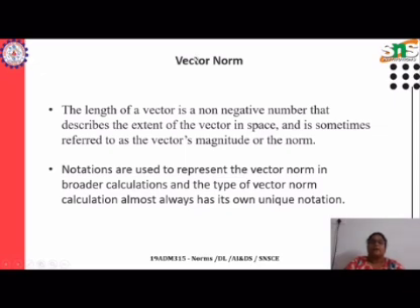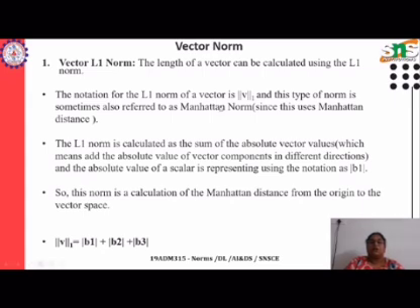Okay, so to represent these vector norms, we have some notations. You have to see that notation, mainly used for calculating the vector norm. There are two types of norms. A norm is the same as a vector norm. We'll be calculating the magnitude of this vector norm.